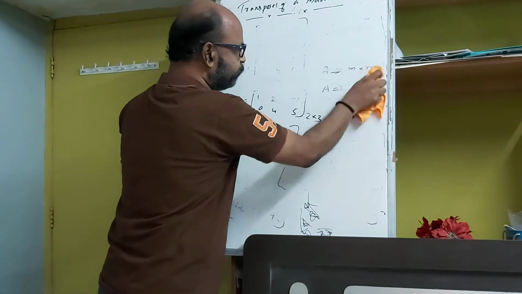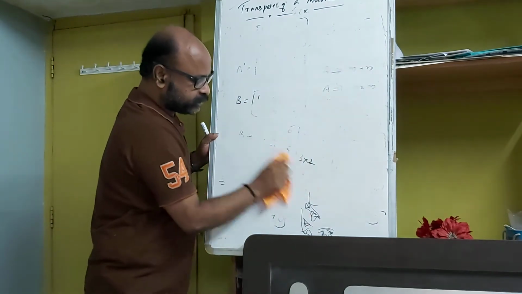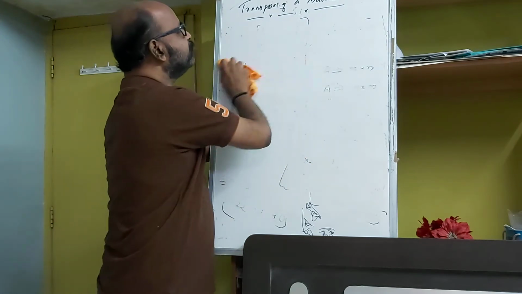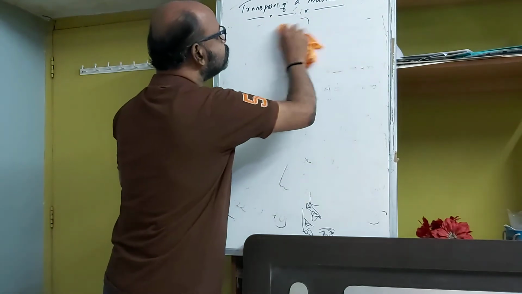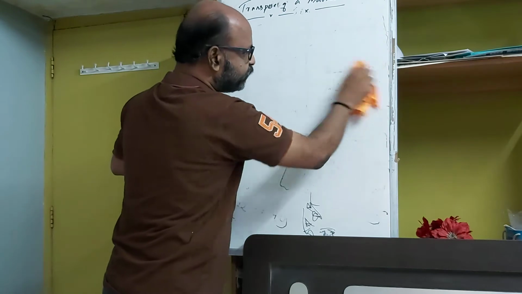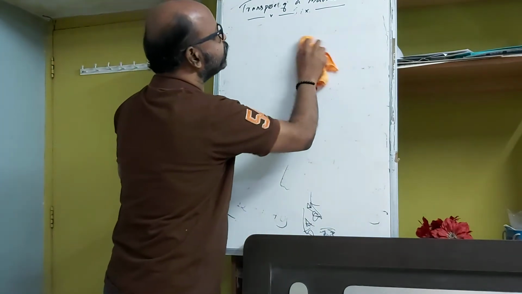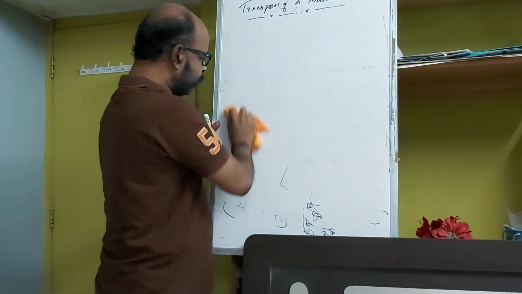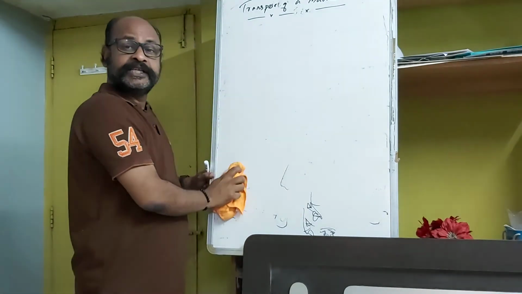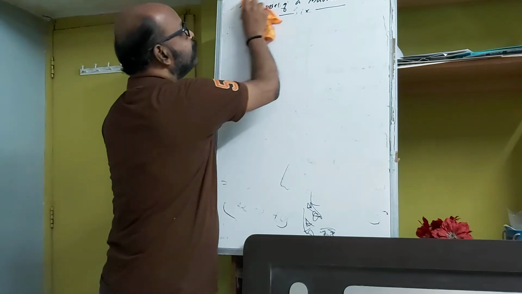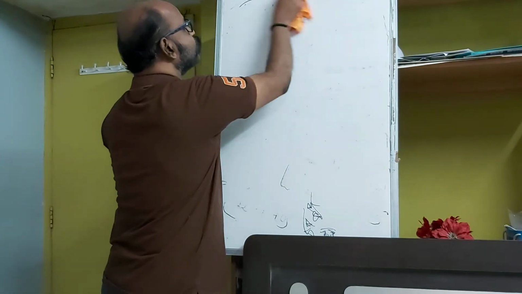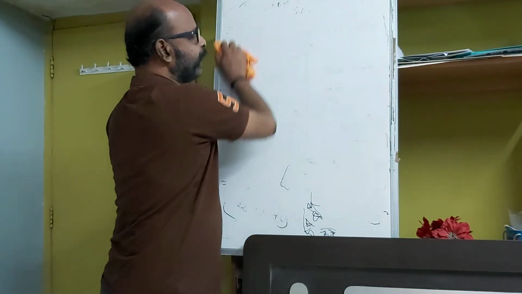Clear? It is a matrix obtained by interchanging the rows and the columns, and we said if A is a matrix, then A transpose is denoted by A dash or A raised to T, and if A is of order m by n, then A transpose is of order n by m.